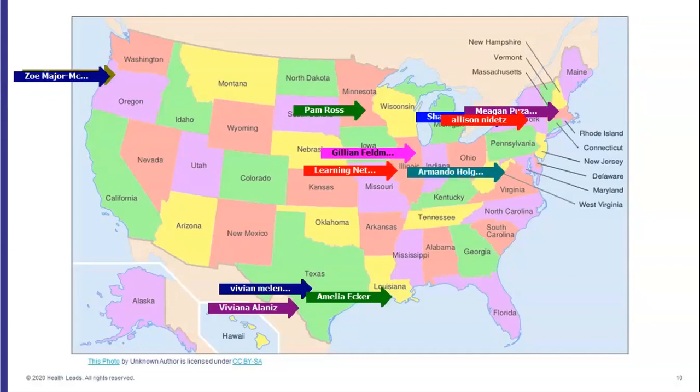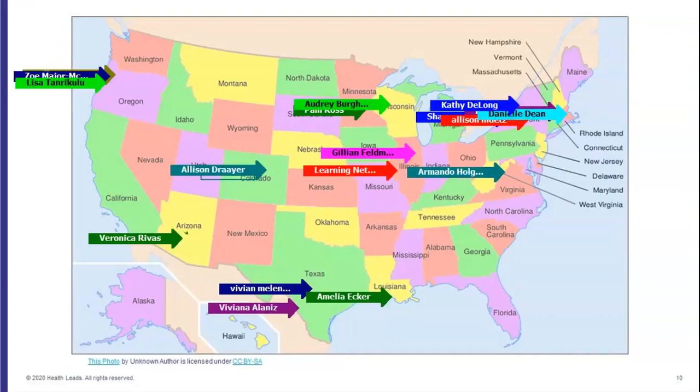I see in the chat box we've got Fresno, Brooklyn, New York, Pennsylvania, love it, Colorado, Oregon, we've got quite a few calling in from there, Arizona, New York City.